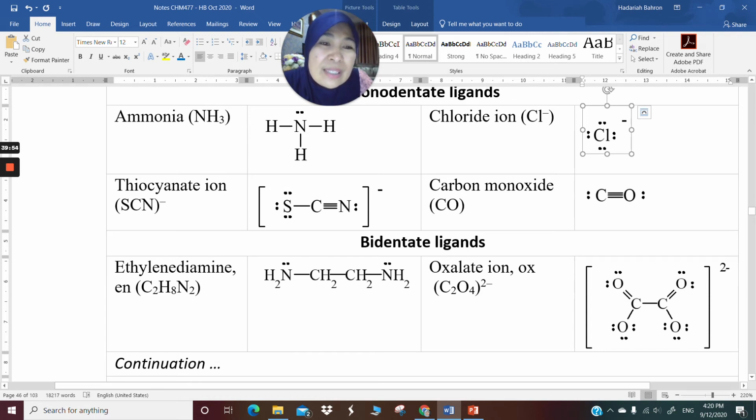It will be the carbon, because carbon is least electronegative or more electropositive. So when you have sulfur and nitrogen like this, which one is least electronegative? We will say sulfur. Sulfur is least electronegative, so it is very likely that sulfur is going to be the donor atom rather than the nitrogen in this case.